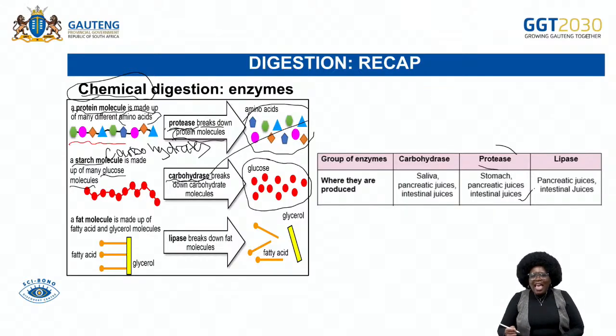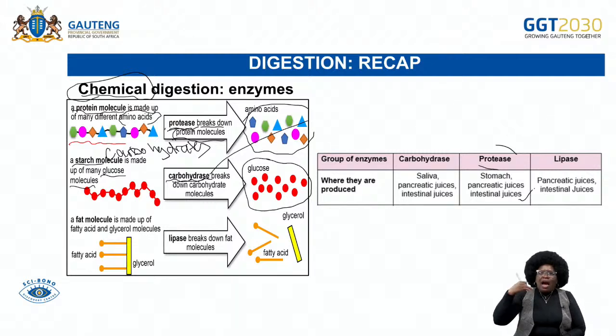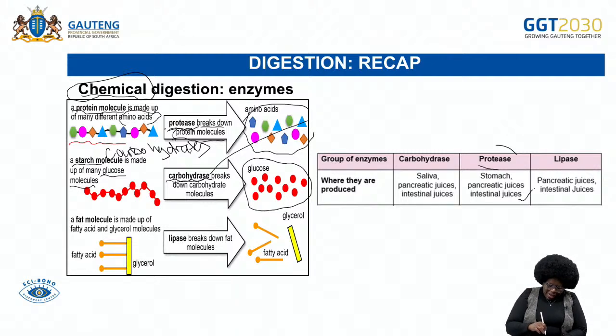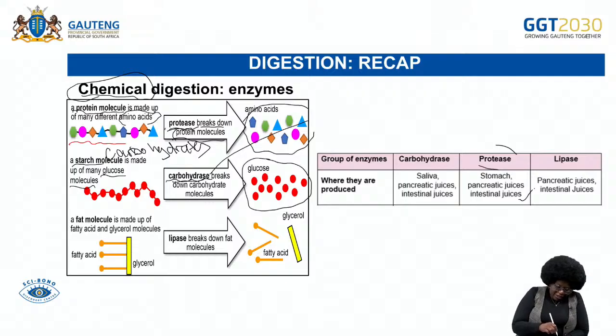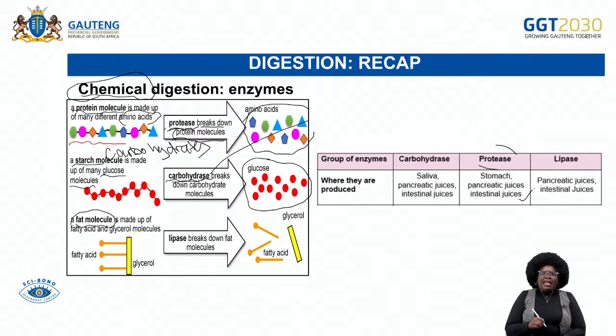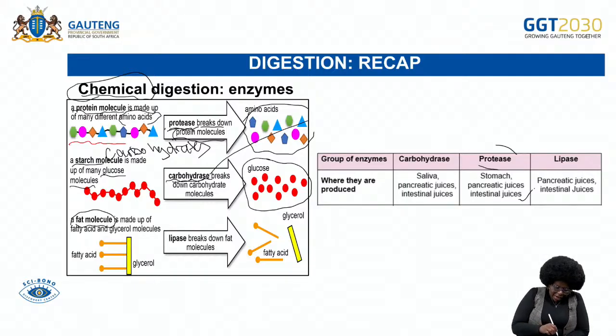But look at the end product of these fat molecules. The outcome is going to be glycerol and fatty acids, good. We have our ink. Happy. Look at the fat molecule. There's the fat molecule, and it is made up of fatty acids and glycerol molecules.